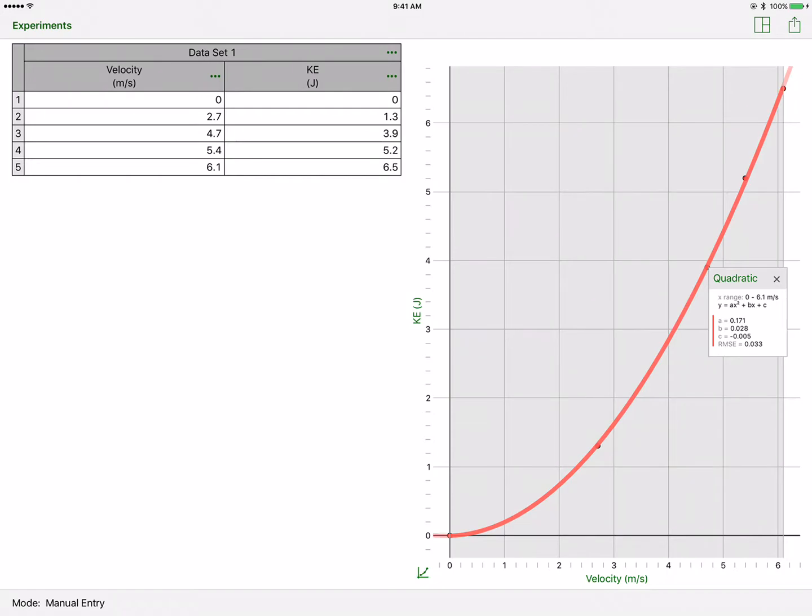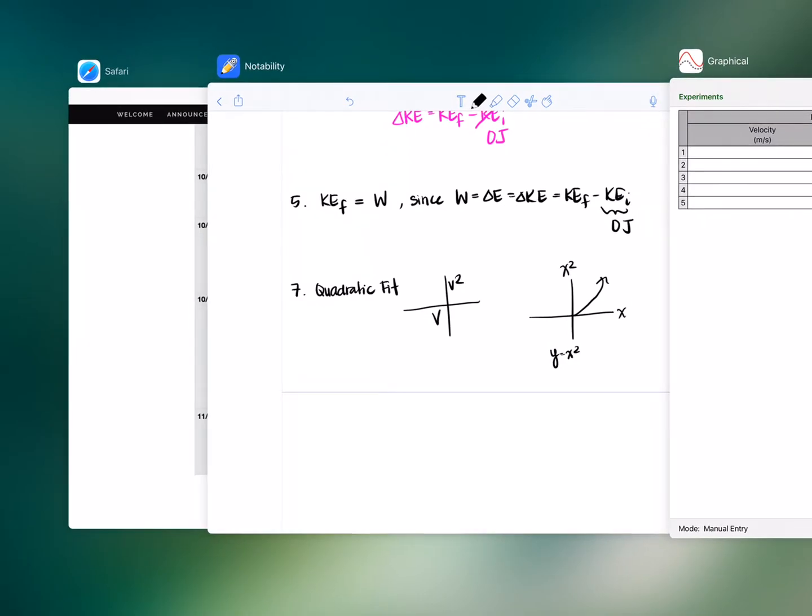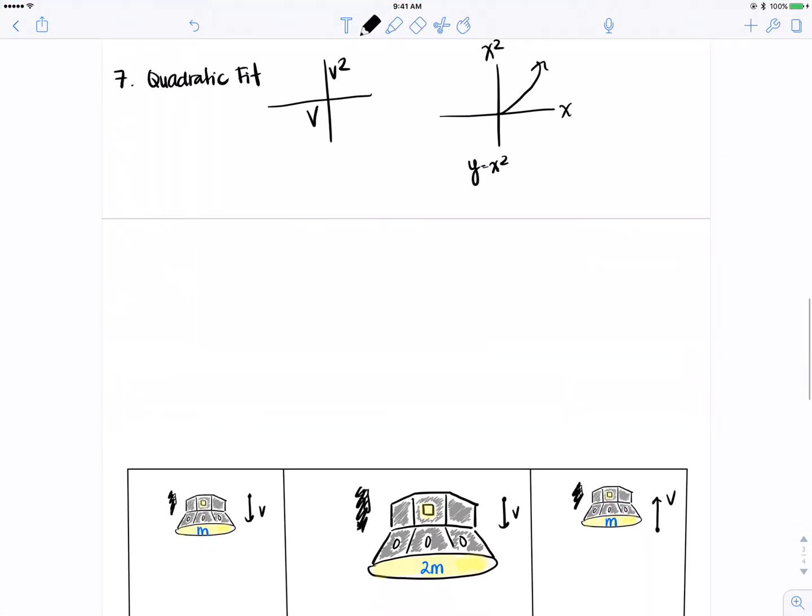So see here, I have y equals ax squared plus bx plus c, and my coefficient a is 0.171. So for question 8, ax squared plus bx plus c, where a is 0.171.